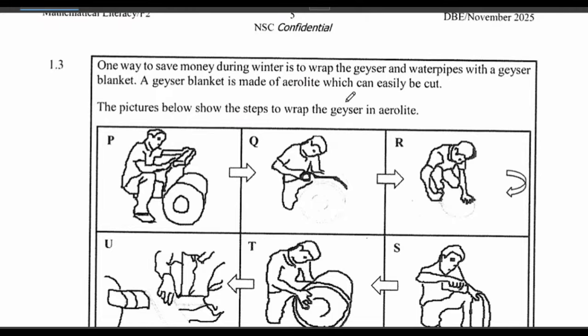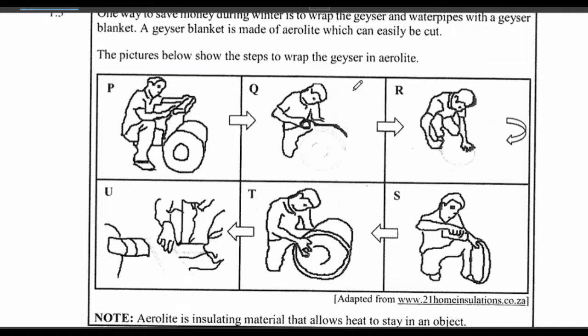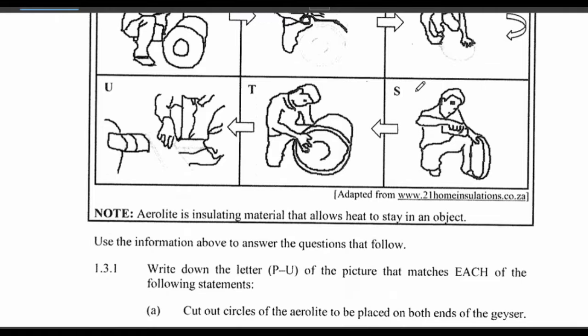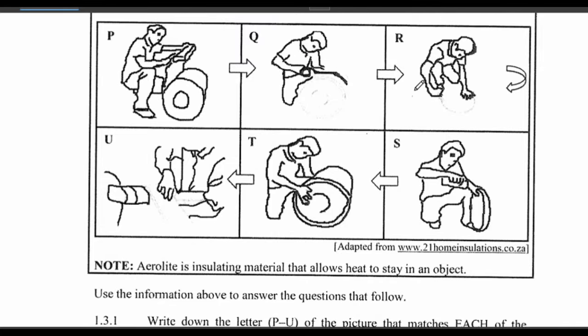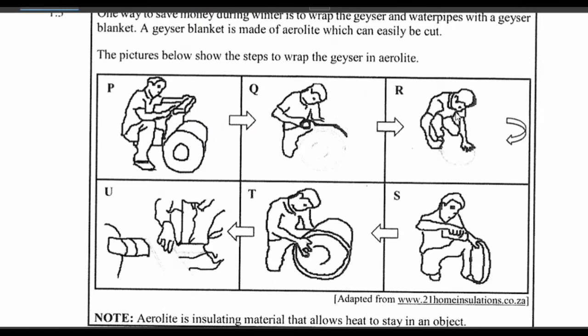The picture below shows the steps to wrap the geyser in aerolite. Step number 1 says cut out circles of aerolite and spread on both sides. So this was the first one here.